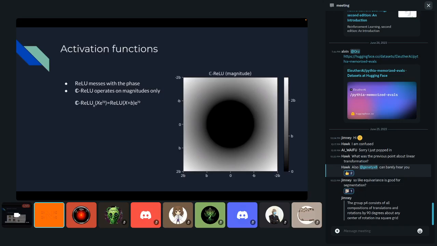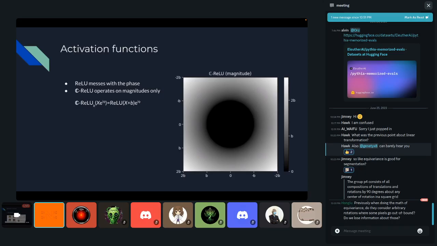Why? Because when you apply such a ReLU, it changes the phase. It just sets the phase of any number which does not have both a positive real part and a positive complex part to whatever you want it to be, and it sets the magnitude to 0.